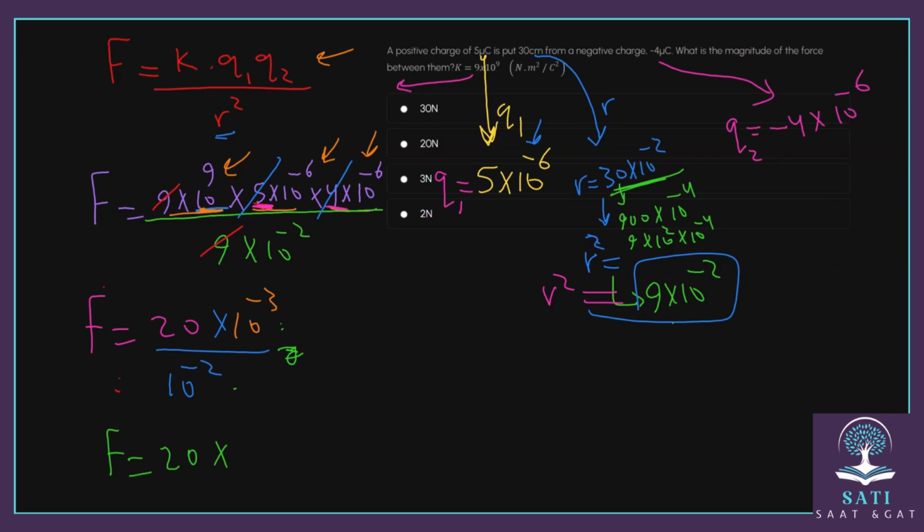So that means it's going to be 10 to the power of negative 1. So it's equal to 20 times 10 to the power of negative 1. When you take it to the denominator, it's going to be 10 to the power of 1. So the result will be 2, and the 2 is in Newton. So this is now the answer. You go and choose the answer, which is 2 Newton. This is the answer based on the steps that we did.